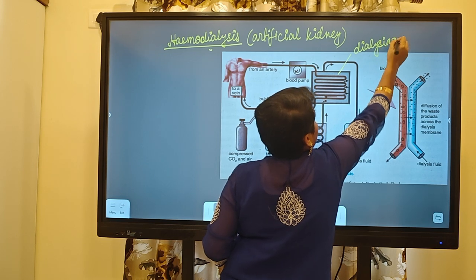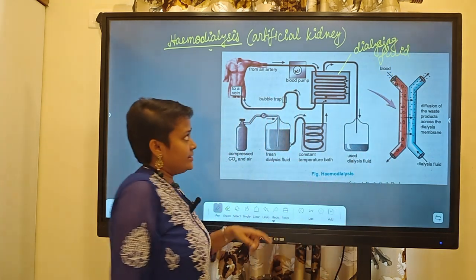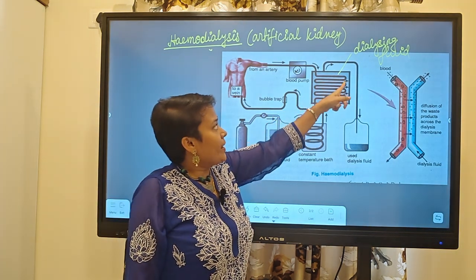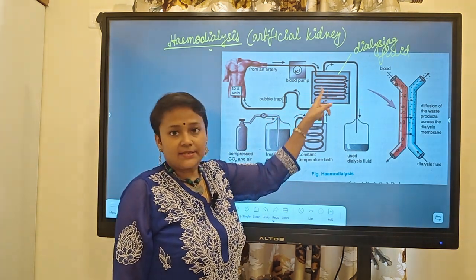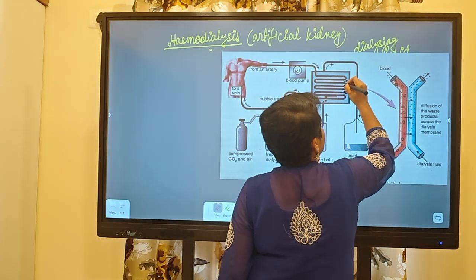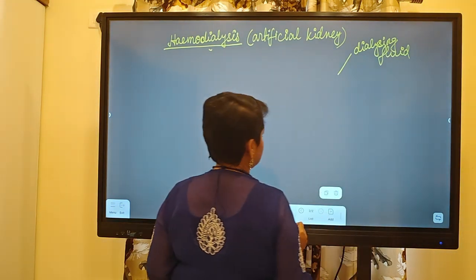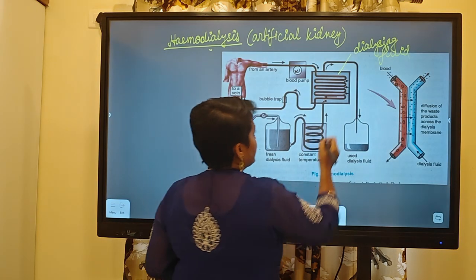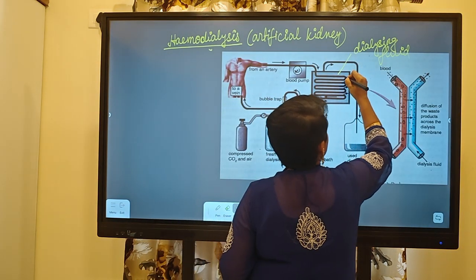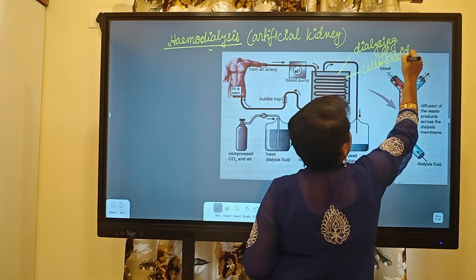And you can see the coiled tube-like structure. This is made up of cellophane, a cellophane tube.